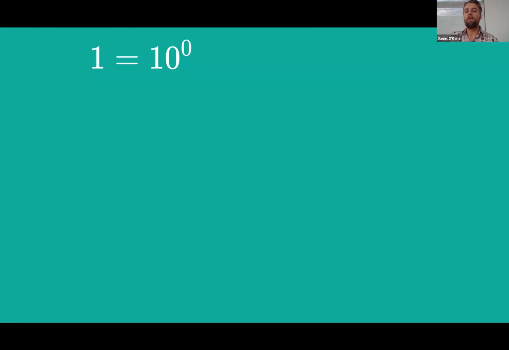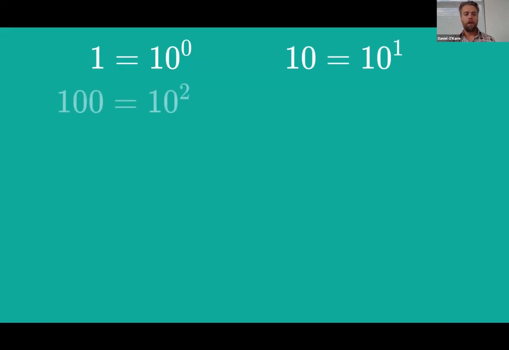You multiply by 10 as you add digits going from right to left. So 10 is 10 to the power of 1. 100 is 10 to the power of 2, 10 times 10. 1,000 is 10 to the power of 3.